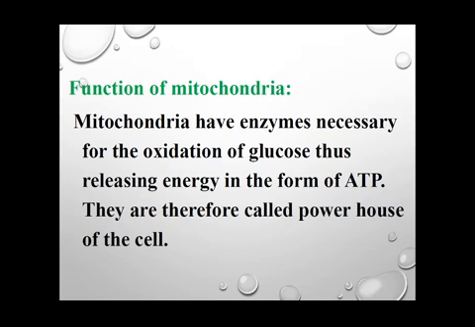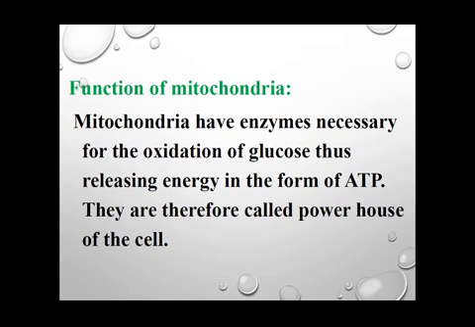This ATP is adenosine triphosphate, and this is the reason the mitochondria is known as the powerhouse of the cell, because the whole energy which is obtained inside our body through the burning of the food which we eat is stored in the form of adenosine triphosphate, that is ATP.